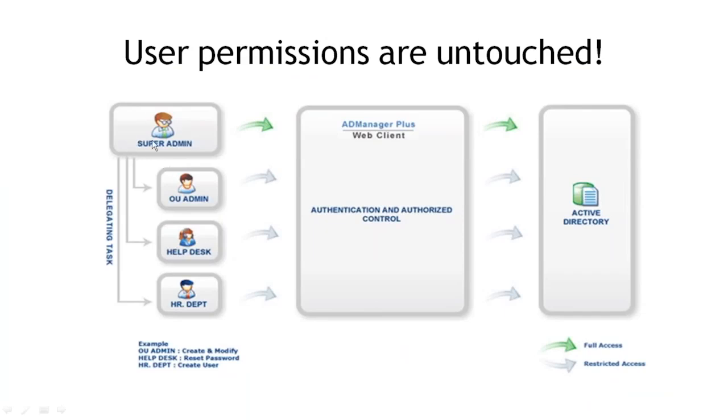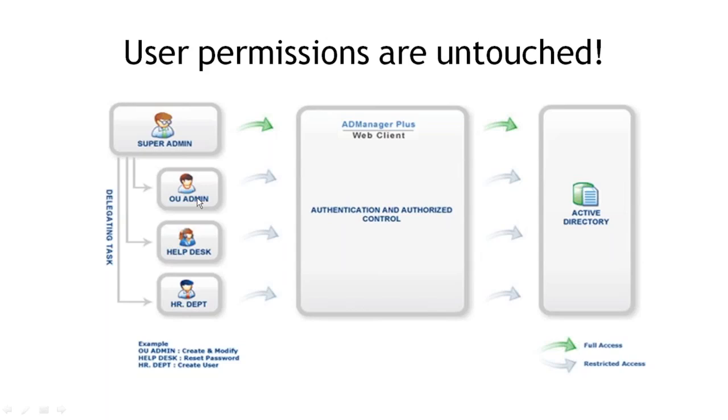So you as a super admin can have complete rights over the domain controllers or access to your domain controllers and everything. Whereas you delegate roles to other users or less privileged users in your Active Directory infrastructure, HR, help desk, or a specific OU admin, you just map them roles and not actual Active Directory permissions.